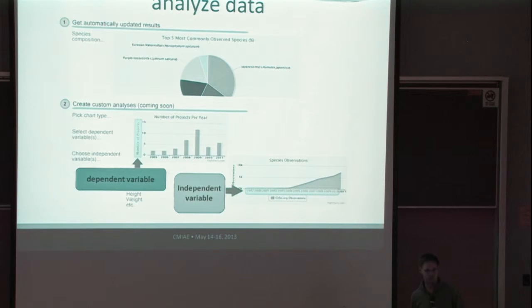And then, much like creating your own custom data sheet, we've got groups that want to create their own custom analyses or reports. So what the system allows them to do, or soon to, actually, this is a coming soon kind of feature, is to say, okay, I want to pick my dependent and independent variables. So I want to look at pH against time.